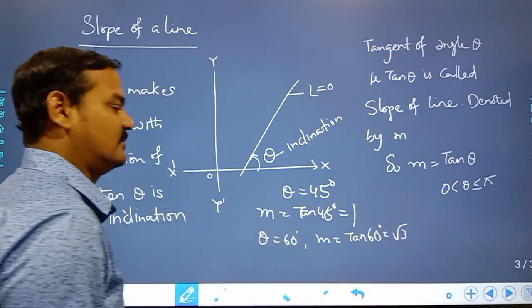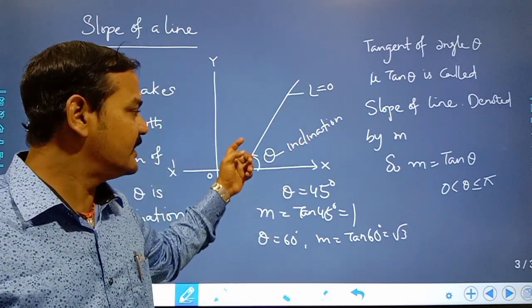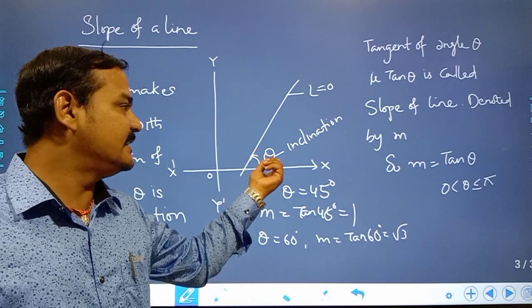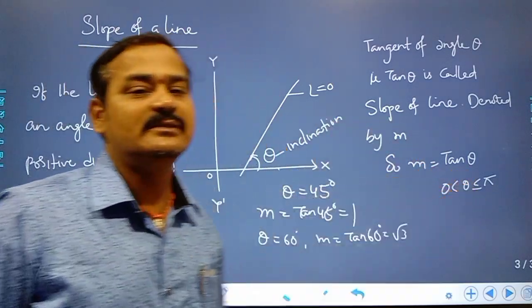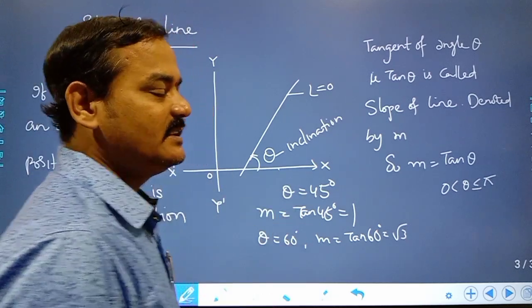The angle is called the inclination, and the tangent value of the inclination is called the slope. This is the definition of the slope.